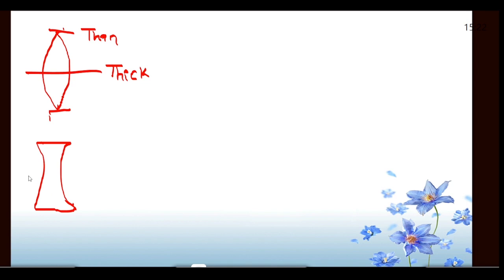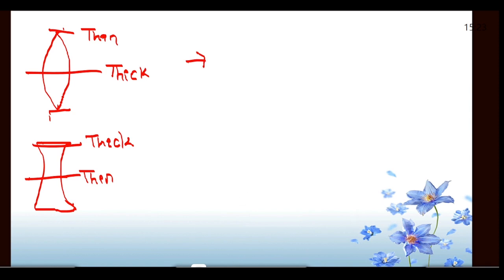But if you consider a concave lens, the middle is very thin, but the edges are very thick. So this is the difference and the logic you can remember.